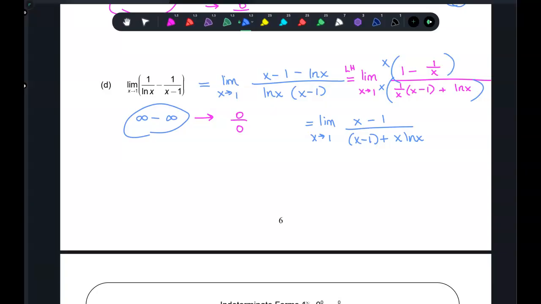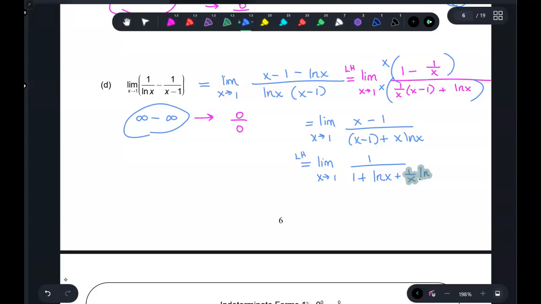So I know I'm basically done after this step. You know what I mean? Okay, so I'm going to do L'Hopital's. So that's going to give me 1 over 1.